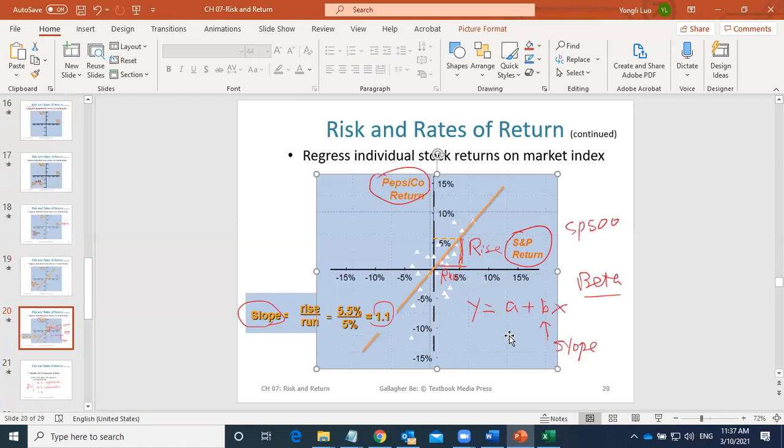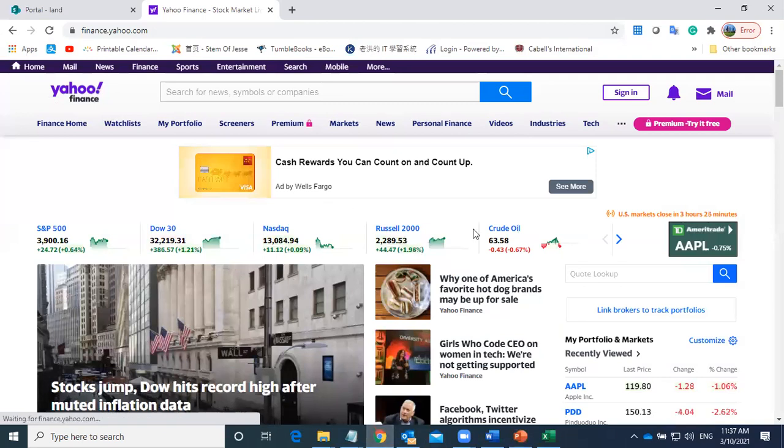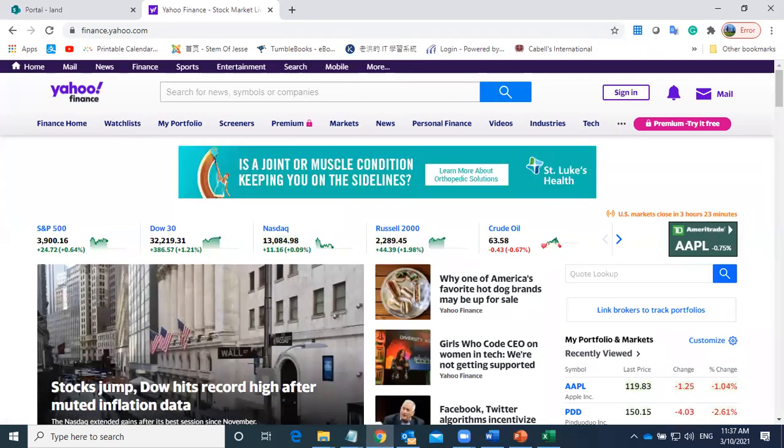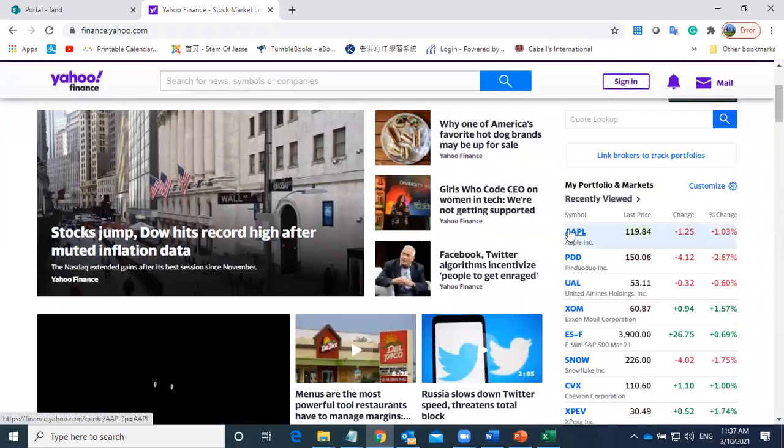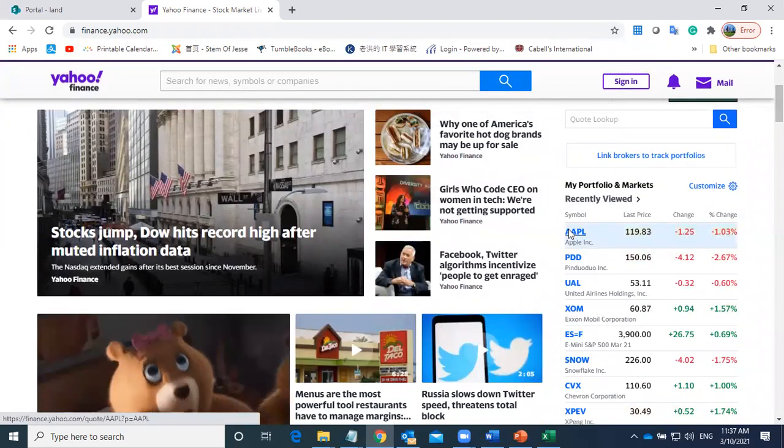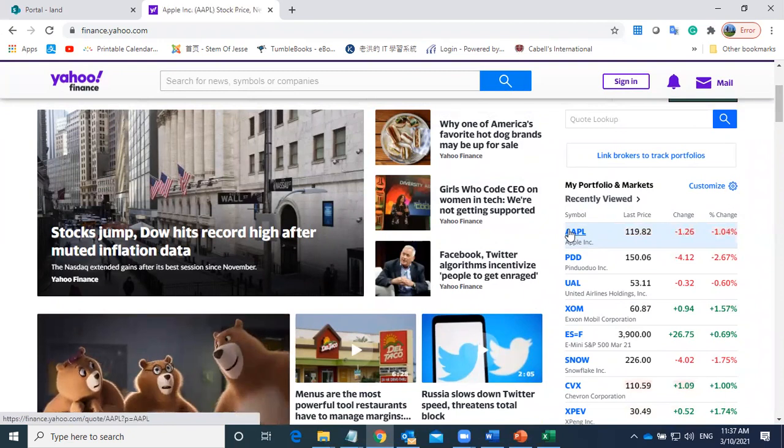How do you know that? You just use historical return data to calculate the beta. Let's see, you can pick up any stock. Let's do Apple.